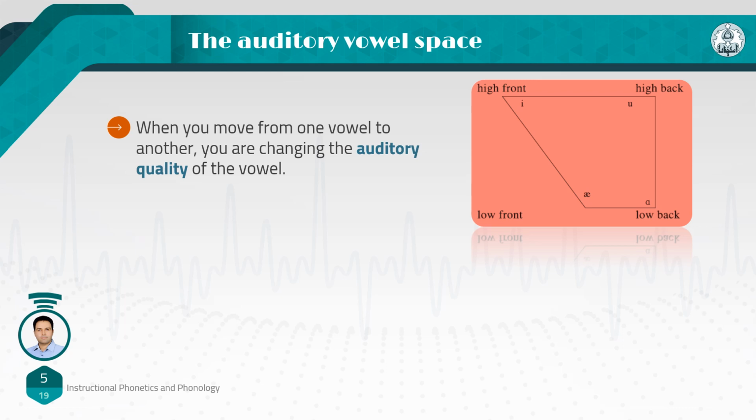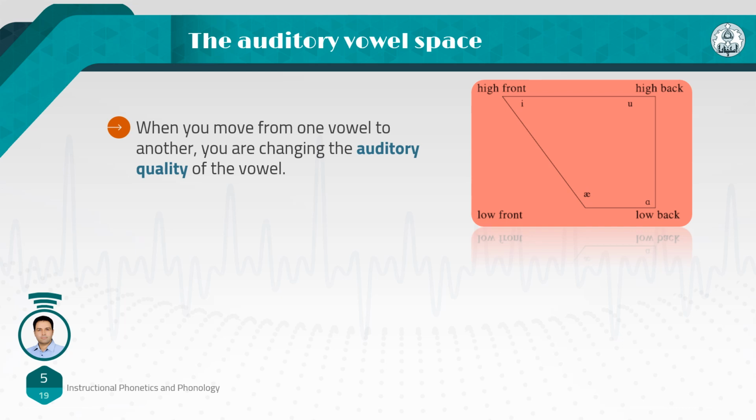So, as you can see in this figure, the four vowels E, A, and U have been put in an extreme corner of the space. In fact, we did not put them exactly on the lines or exactly in the corners, because we cannot be precise.